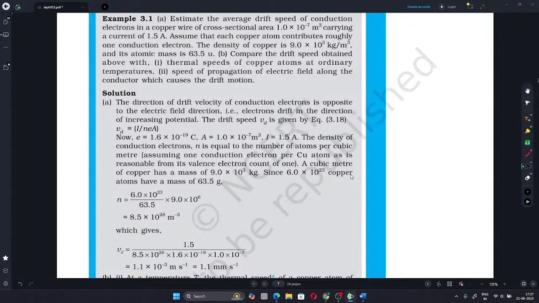Assume that each copper atom contributes roughly one conduction electron. The density of copper is 9 into 10 power 3 kg per meter cube and its atomic mass is 63.5 u.